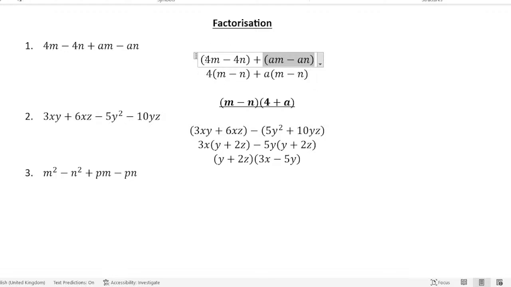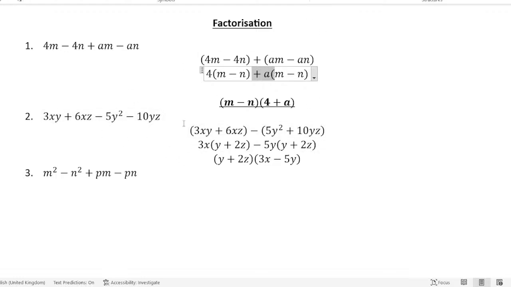Our common factor on the first term is 4, then on the second term is a. Once I took out the common factor, I noticed there's another common factor, which is m minus n. So I took out m minus n, and I was left with 4 plus a.